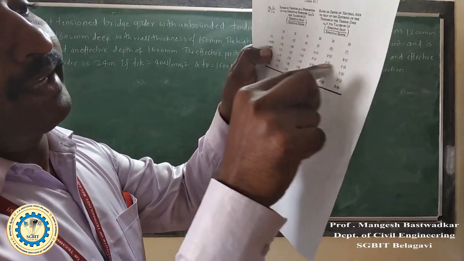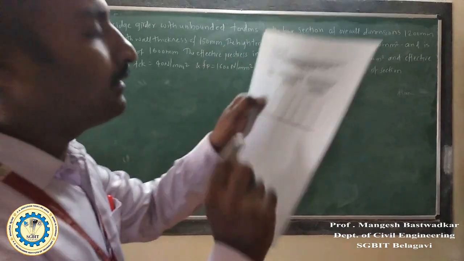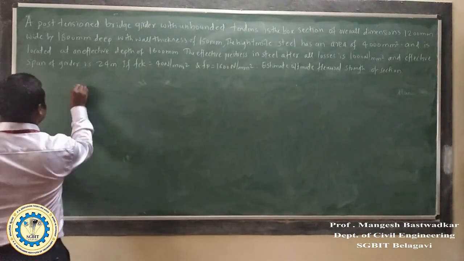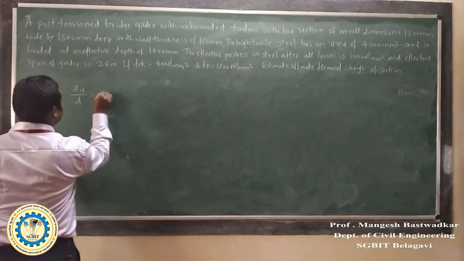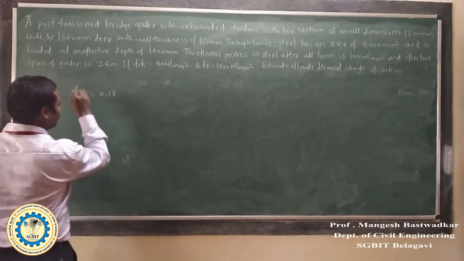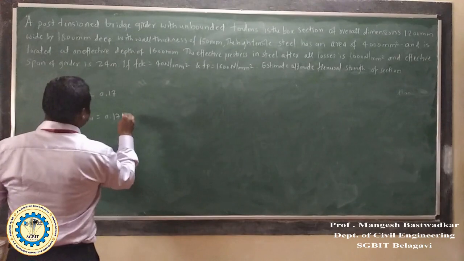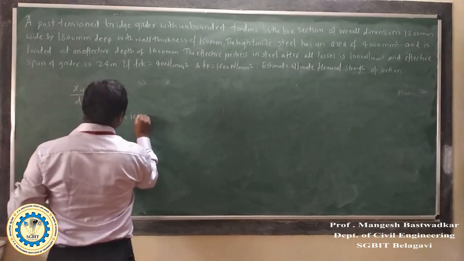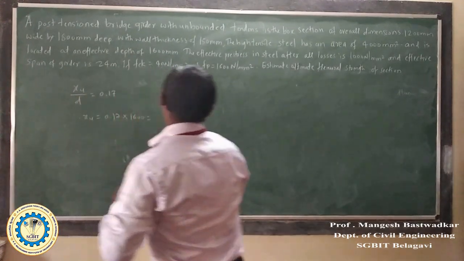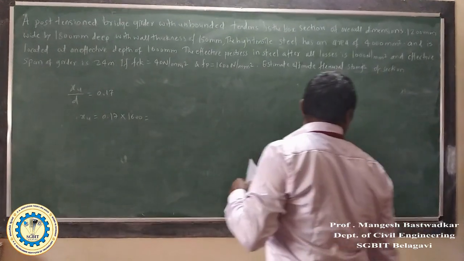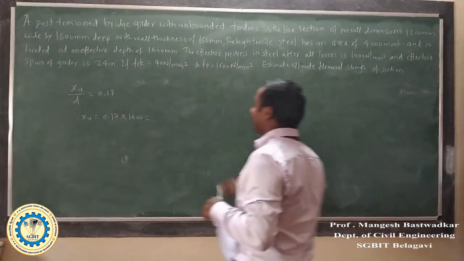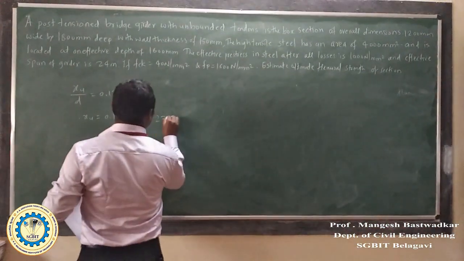Okay, so we'll take the intermediate value, that is XU by D equal to 0.17. Therefore XU is equal to 0.17 into effective depth 1600. So that value we will get is 272 mm.